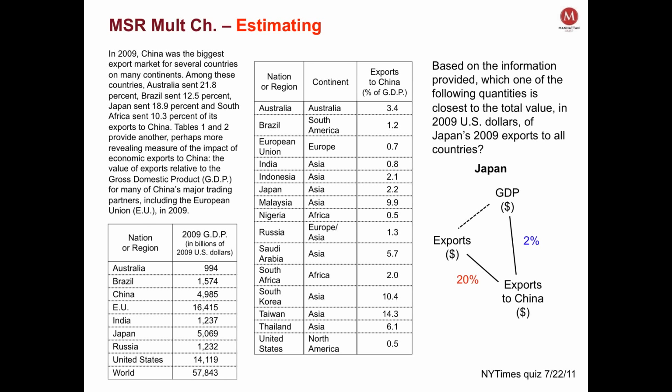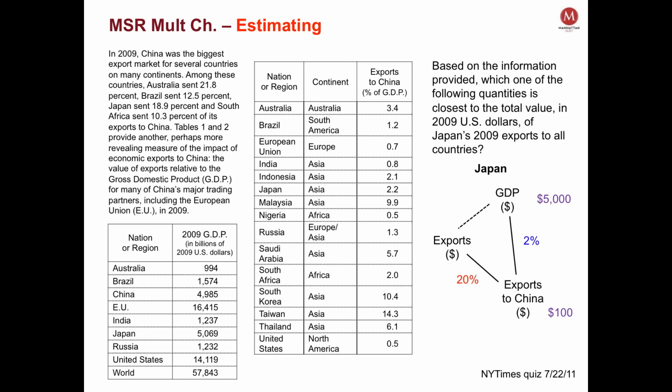Okay. On traditional GMAT quant, you can round, right? IR is different. IR is real-world numbers. All right. If I did rounding, I might look up in that second chart, the nation or region, the GDP chart, Japan's GDP, and say it's about 5,000. You know, 5069, fine, 5,000.